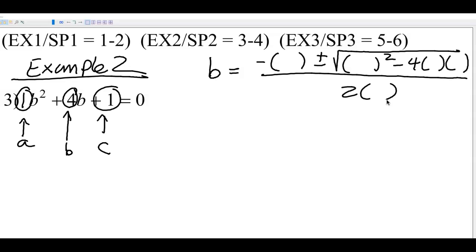All right. So there's a lot of side conversations going on. I'd like you guys paying attention and writing notes right now. So we're going to put our B in there first. Then we're going to put in our A. And then we're going to put in our C. We're going to simplify our 4 pieces.